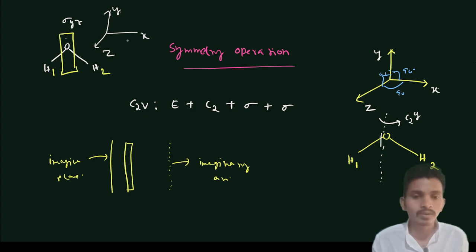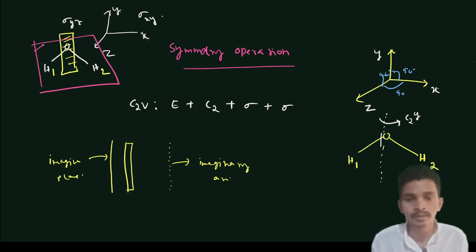Another is cutting through all the atoms, the molecular plane. So x and y are in the plane, so that plane is sigma xy. So two planes are there: one is this plane, sigma yz, and another plane that is cutting through the whole molecule, sigma xy.